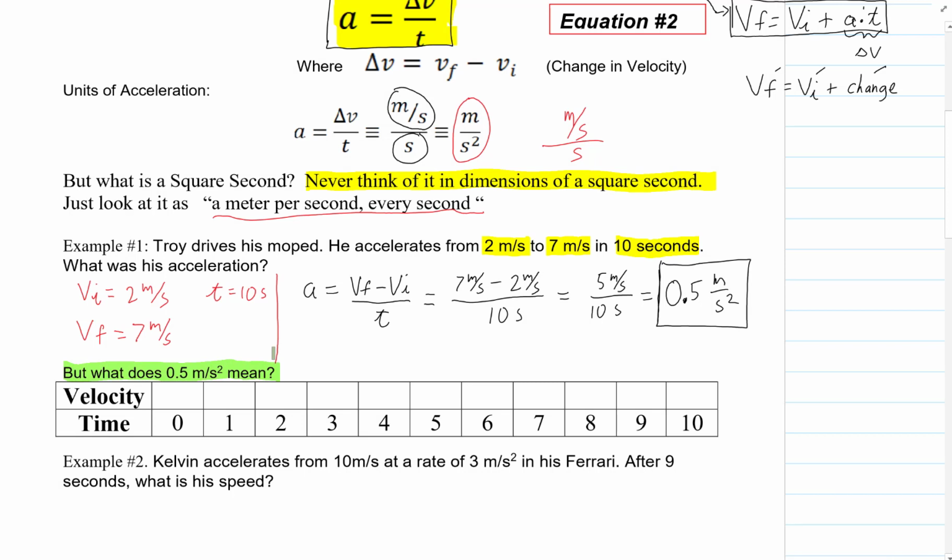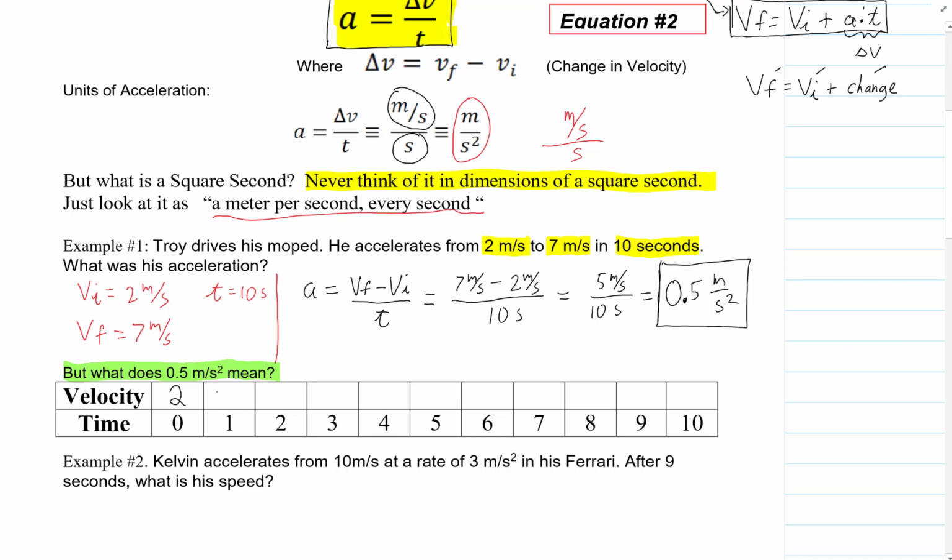It means 0.5 meters per second every second, because I'm trying to teach you not to think of meters per second squared, but think of it as meters per second every second. So the initial speed, when you started, the velocity of this moped was at 2. And it changed by 0.5 meters per second every second.